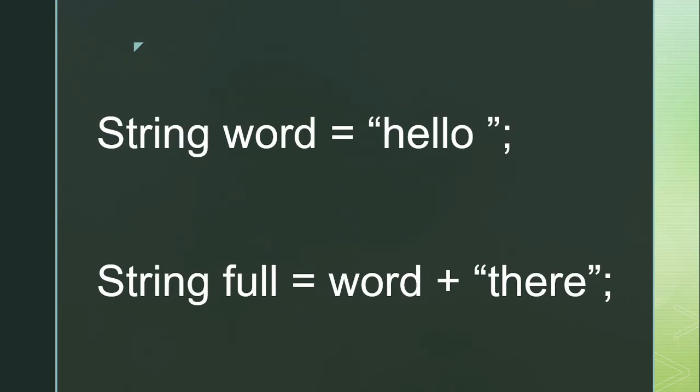Concatenation can also be performed if one of the strings is stored inside a variable. So over here, we save hello inside the variable word. And then we add this word variable to the there. And since over here the value is substituted in, it is then stored inside the full variable.